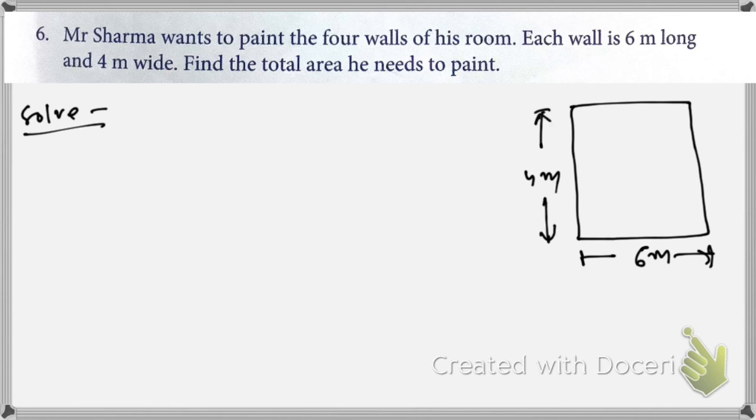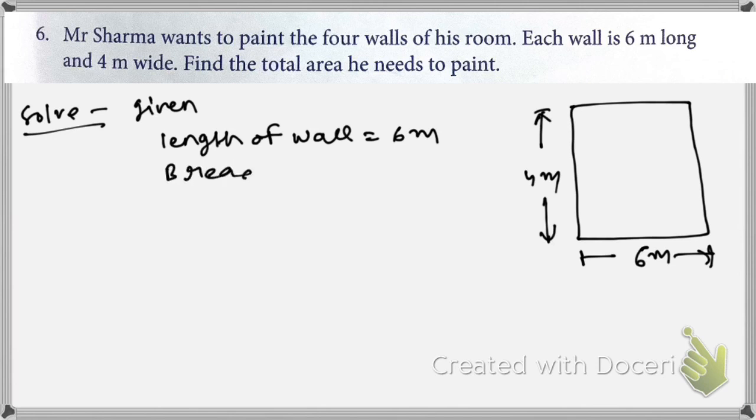Now we have been given the length of wall, that is 6 meter. We have been given the breadth of wall, that is 4 meter.